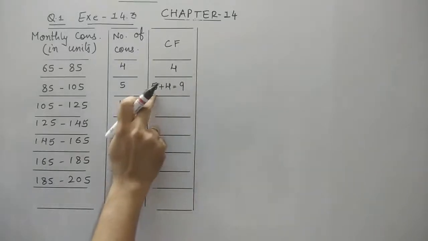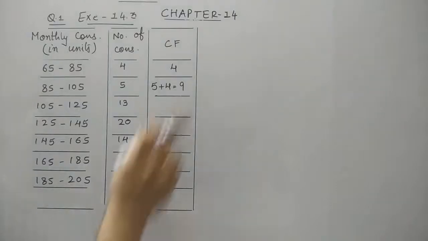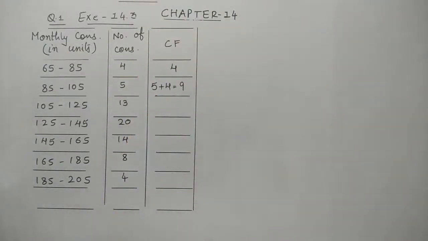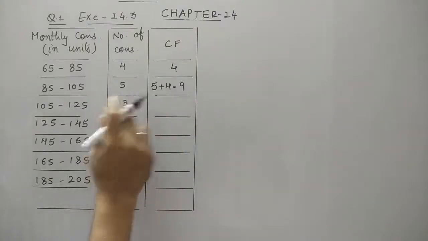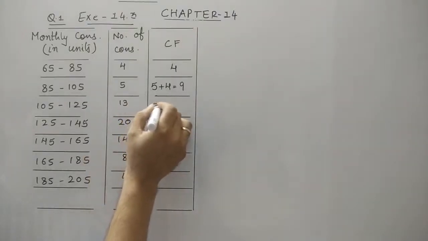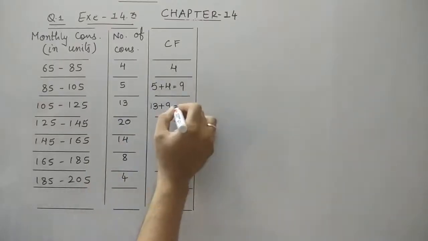Remember students, this 5 plus 4 is not necessary to show in the examination. As it is the first sum I am doing, I will explain it. Let's obtain the third cumulative frequency. This frequency should be added to the previous cumulative frequency, so that comes 22.